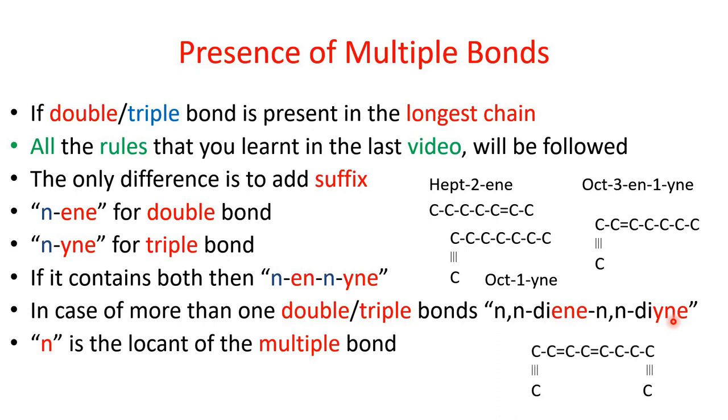For example, here is a compound which has 2 double bonds and 2 triple bonds. The name of this compound will be deca-3,5-diene-1,9-diyne. This 3,5 shows that one double bond is at position number 3, 1, 2, 3, and another is at position number 5. Similarly, the 2 triple bonds are located at positions 1 and 9 respectively.